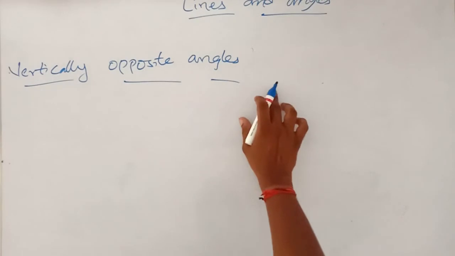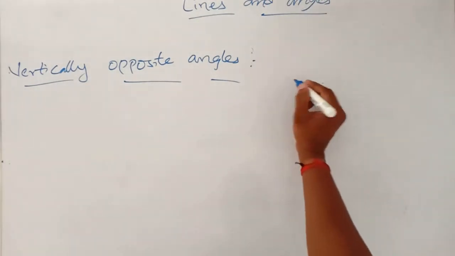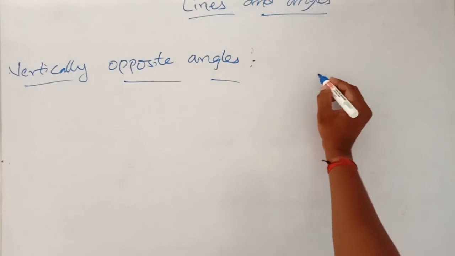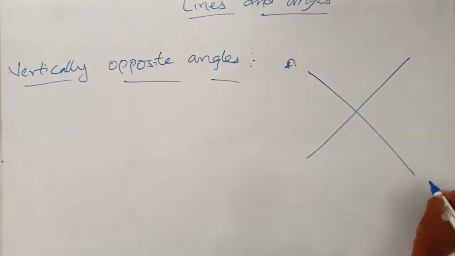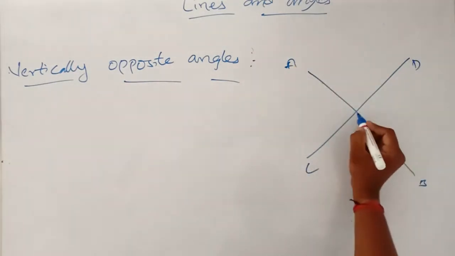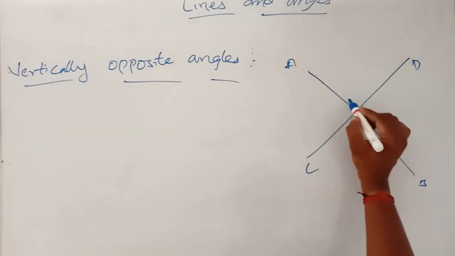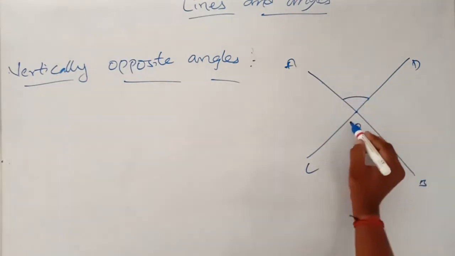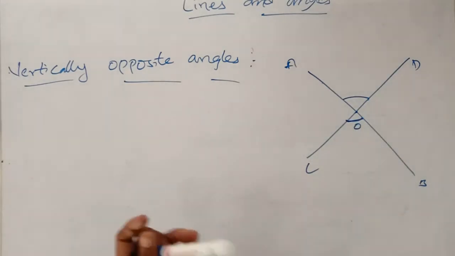Vertically opposite angles are formed when two line segments intersect each other at one point. So here I am taking two line segments, one is AB and the next is CD. These two line segments are intersecting at a point O. Now angle AOD and angle BOC are vertically opposite angles.